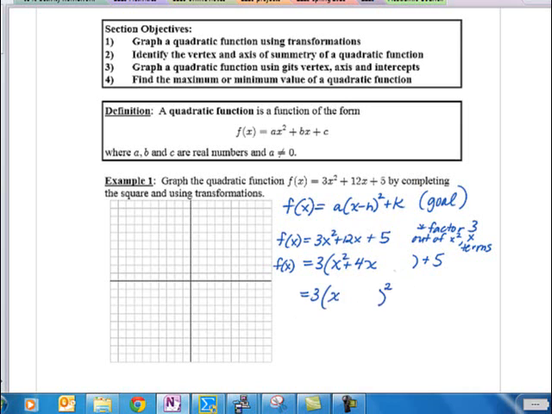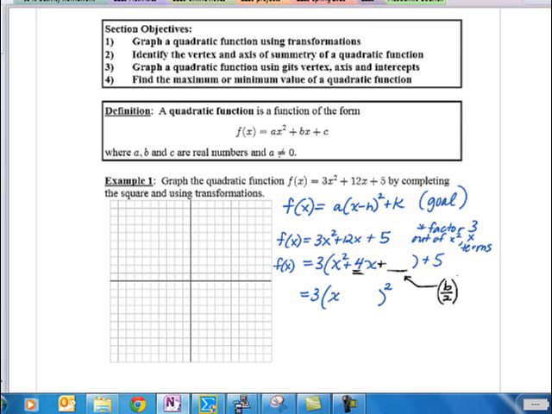So this is the key. I want to add something here, and the way I decide what to add there is I look at what's called the b coefficient on this group, so the linear coefficient. So b, I cut it in half and I square it.